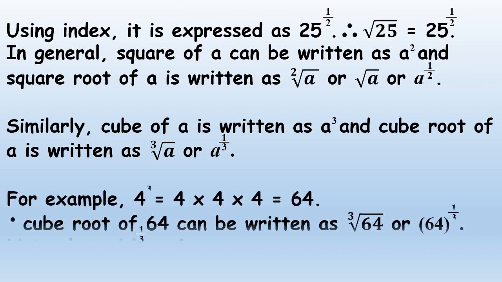For example, 4 cube is equal to 4 multiplied by 4 multiplied by 4, which is equal to 64. Therefore, cube root of 64 can be written as cube root of 64 or 64 raised to 1 upon 3. Note that 64 raised to 1 upon 3 is equal to 4.